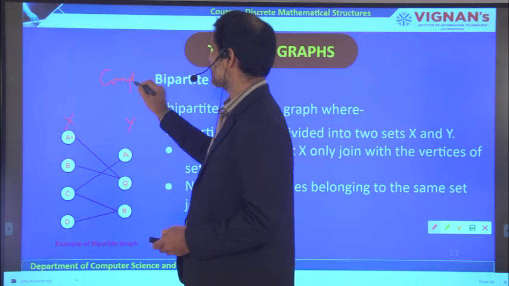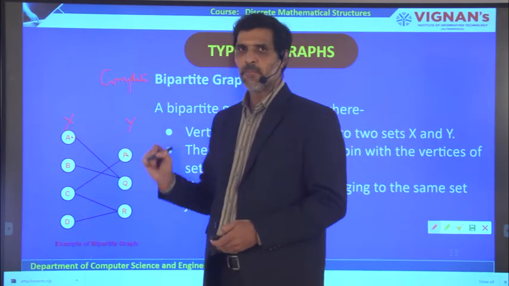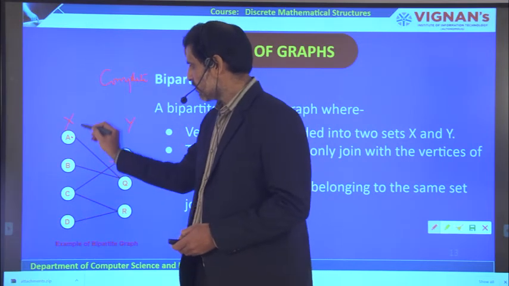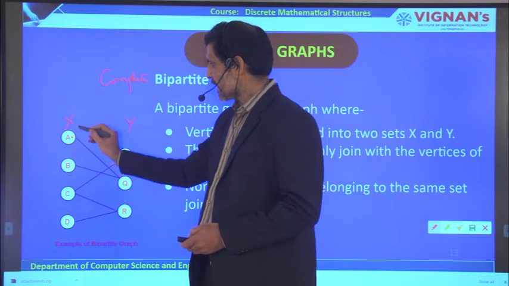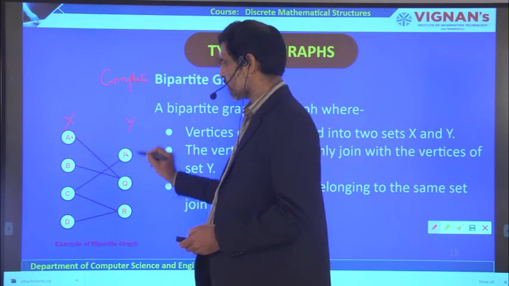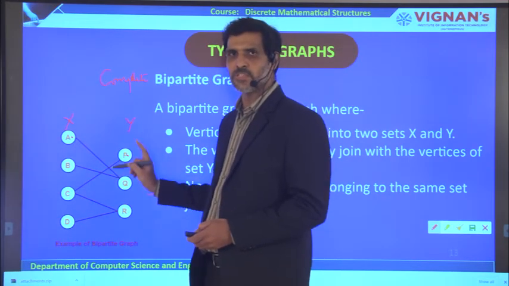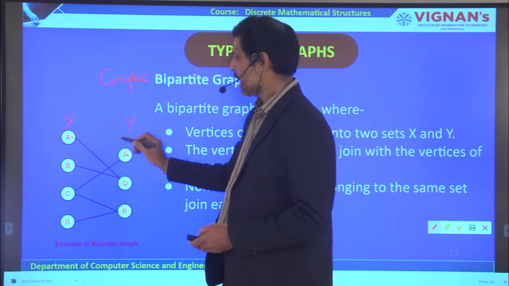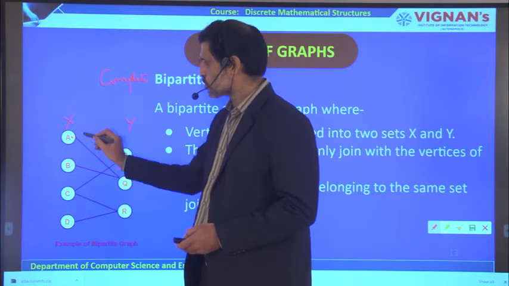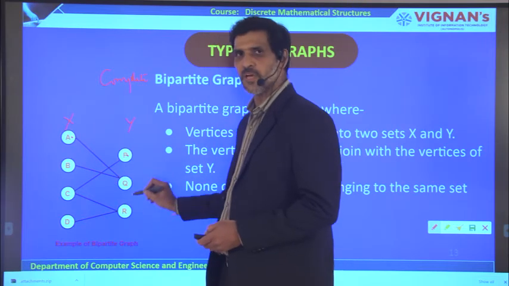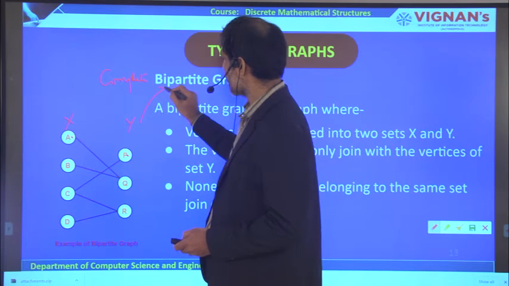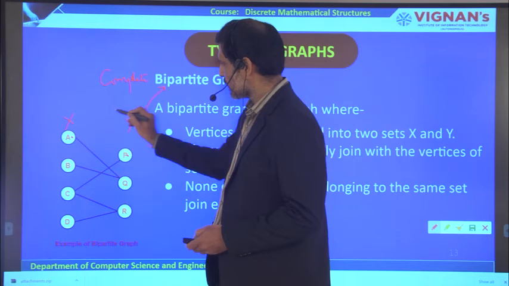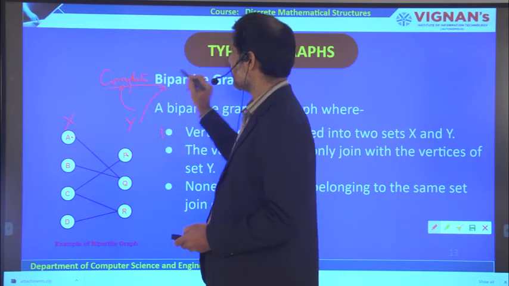The difference between bipartite and complete bipartite is that in a bipartite graph you divide the sets like this first and then connect vertices; there should exist at least one connection for every vertex in X with the vertices in Y, but it is not necessary that every vertex be connected with all the other vertices in Y. That is the simple definition of a bipartite graph. But if every vertex in X is connected with all other vertices in Y, then we call it a complete bipartite graph.